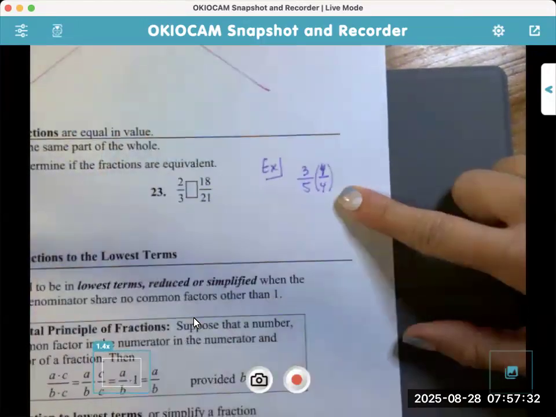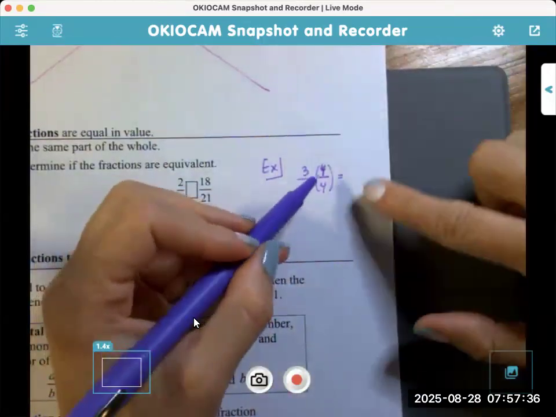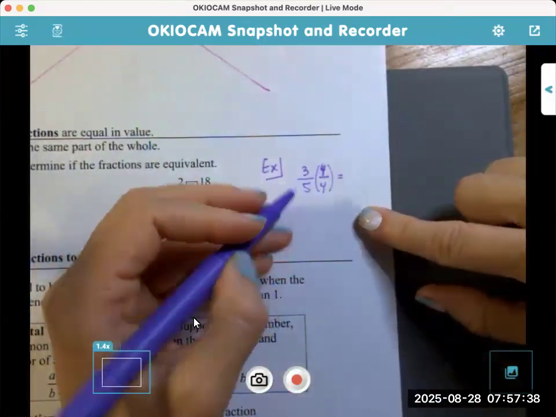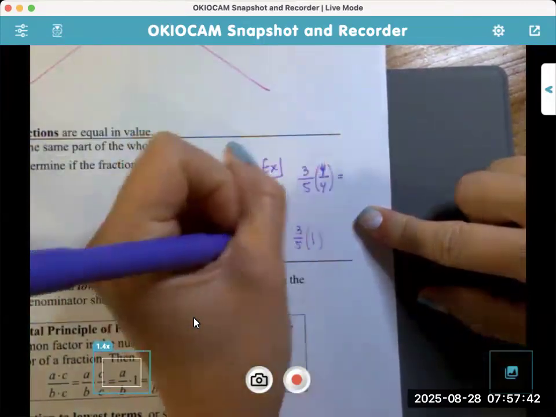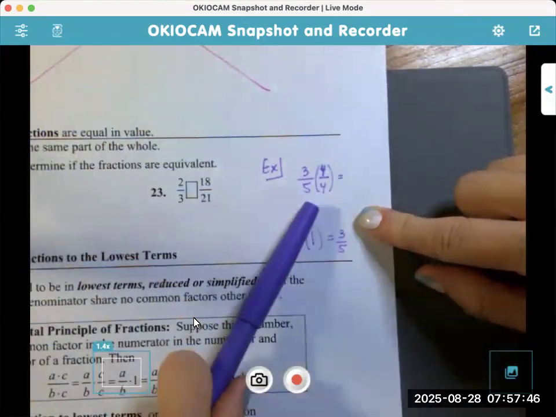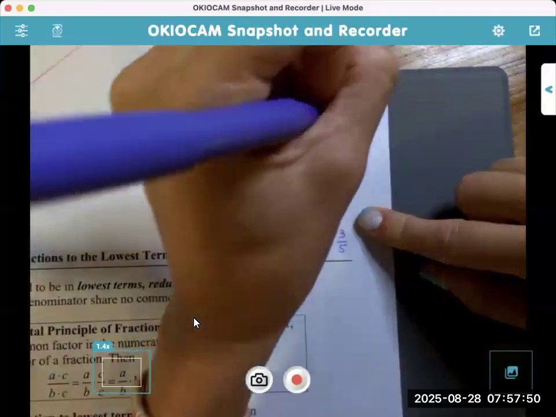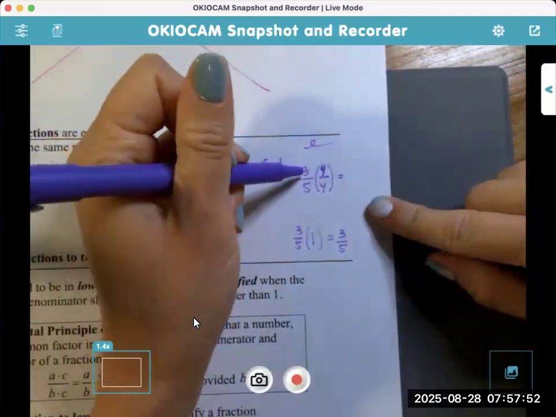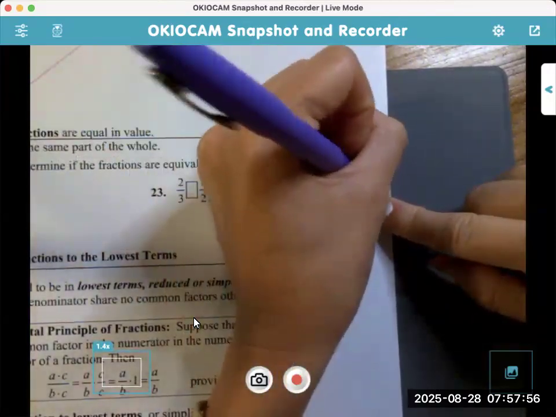So say this is 4/4. If I take 3/5 and I multiply it by 4/4, which is a form of 1, because anything times 1 is still itself, we are just loopholing the system essentially. Hey, we found a little loophole. So 3 times 4 is 12, 5 times 4 is 20.